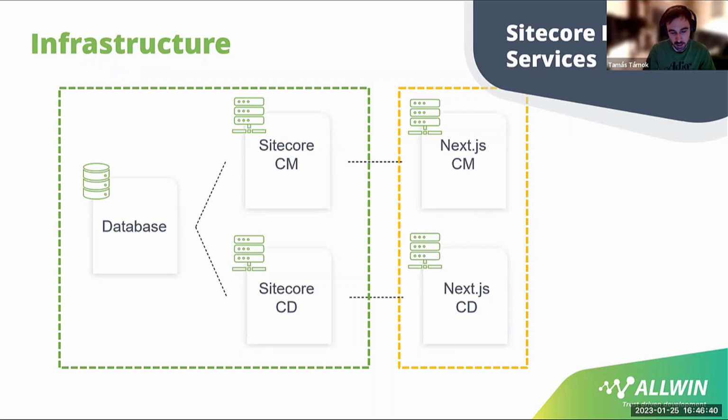So we had a configuration in the Next.js application, and with this flag we could just switch this feature on and off. I think that's a good approach to build your infrastructure with Next.js and Sitecore.